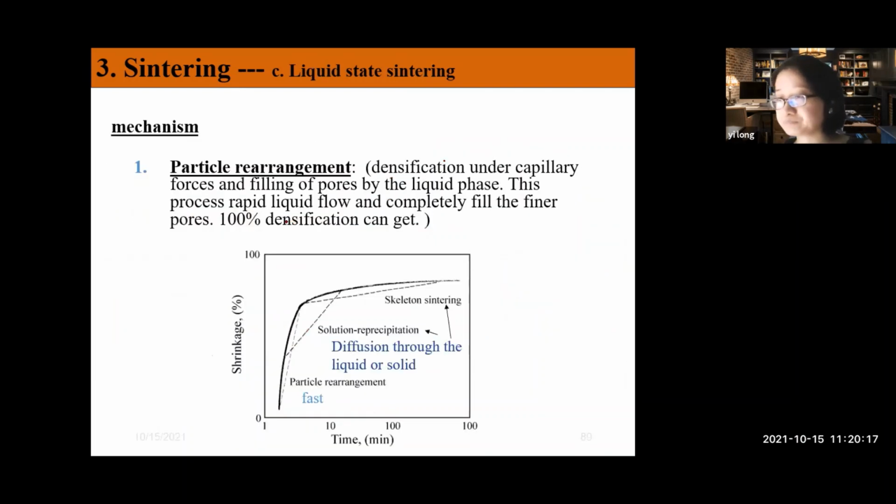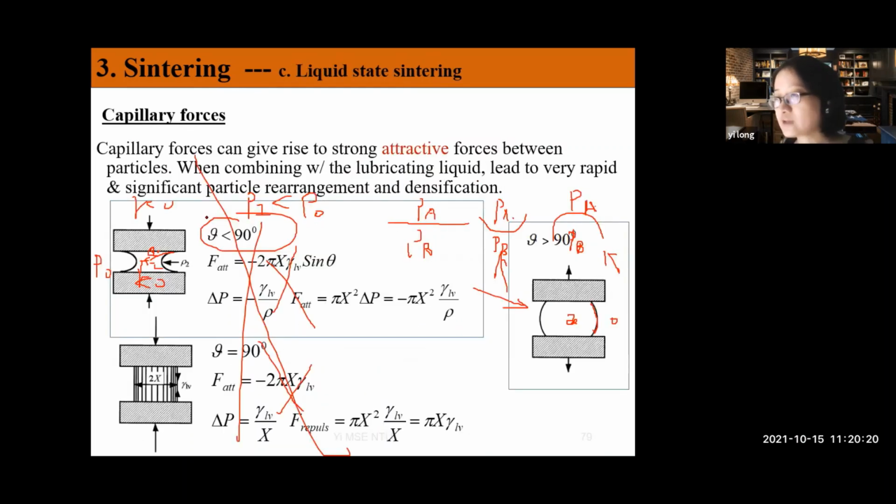The whole thing of this picture here is in order to have densification. This gamma force requires a capillary force. I think you also learned in other courses that once you have a liquid phase, compared with solid-state sintering, this liquid phase is going to give you a very large capillary force, which is gamma LV, liquid vapor. Given the condition theta is less than 90 degrees, this capillary force gives you a strong attractive force between the particles.